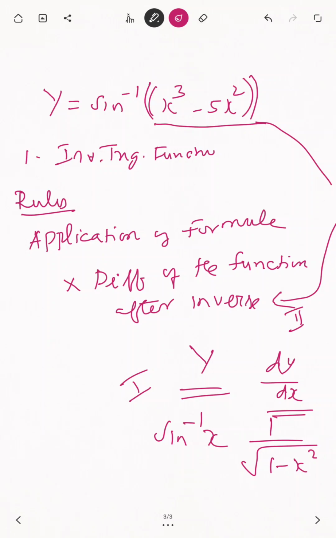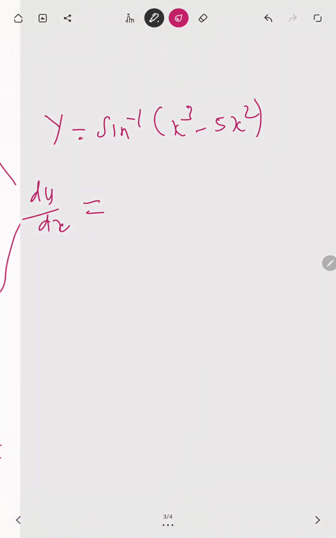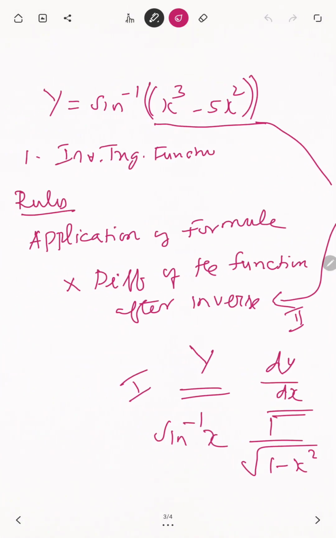Okay. So what is the function given to us? Sine inverse of x cube minus 5x square. Now I am writing the derivative, the differentiation. You go back. What is available here, student? Application of formula. What did sir tell? Application of formula means one. So this is one. We have to come here. What is the derivative for this?